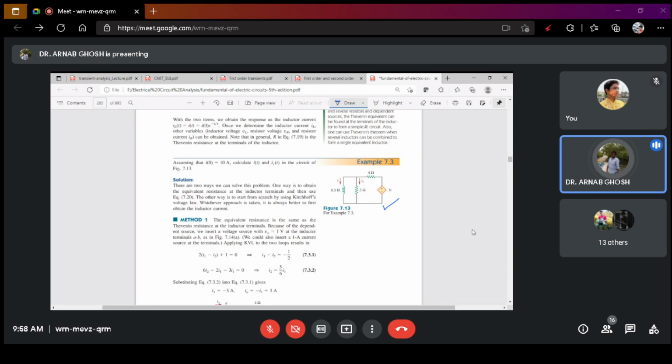You have to apply your KVL, but remember this is a dependent source. So you have to think of the application of KVL for dependent sources. So what we did there. Please try to do this or I will explain it to you.